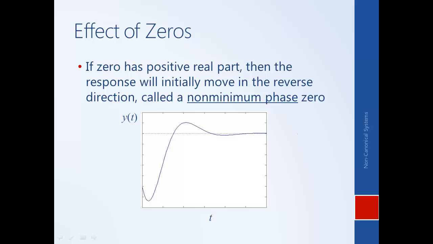Similarly, another example is backing up a trailer. You need to move in the wrong direction initially before you can get it going in the direction that you want. In general, the presence of a non-minimum phase 0 is a bad thing. It makes your system harder to control, as you might imagine. If you have to go backwards to go forwards, that's a complicating issue.